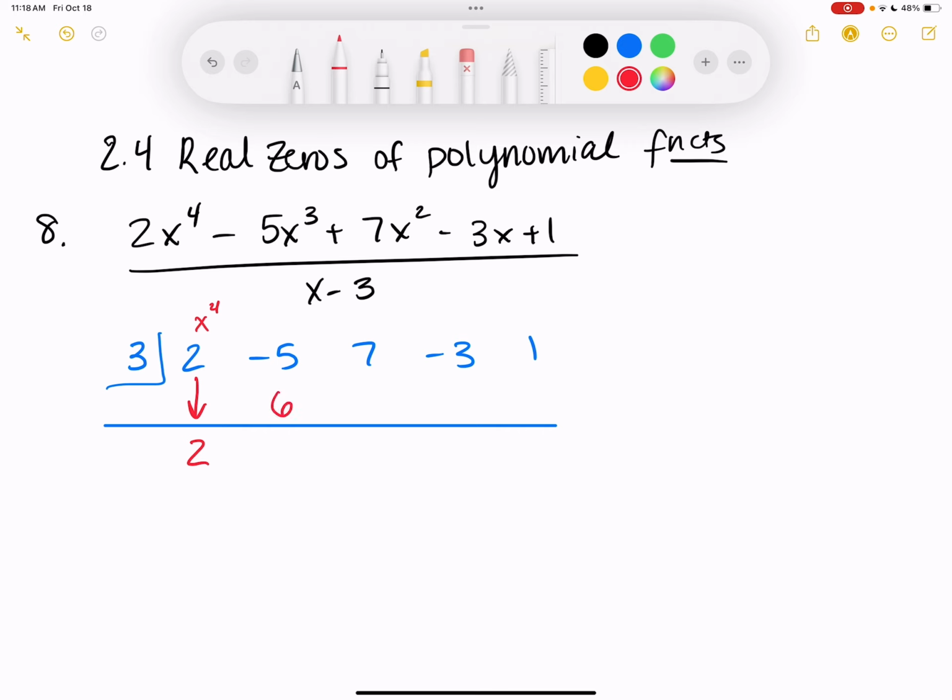And then minus 5, so that's 1. Times 3 is 3. Plus 7 is 10. Times 3 is 30. Minus 3 is 27. Times 3 is 81. Plus 1 is 82. And so the number that's left over here is the remainder.